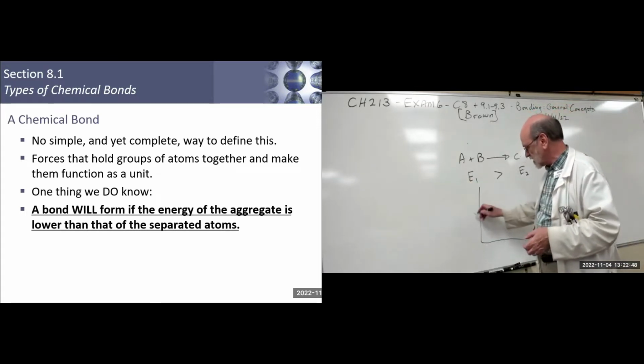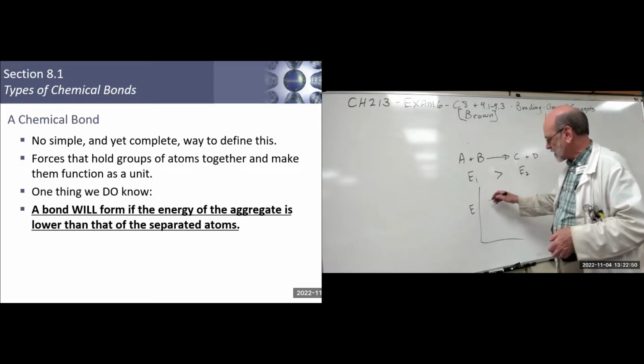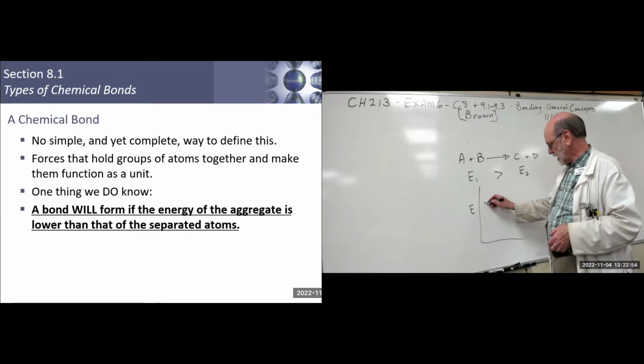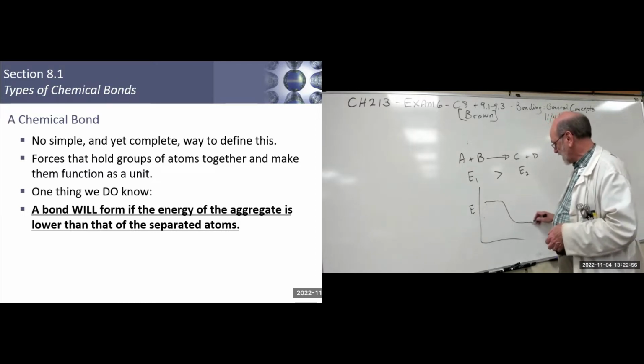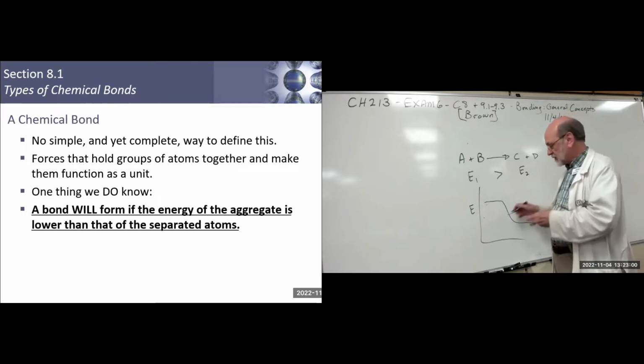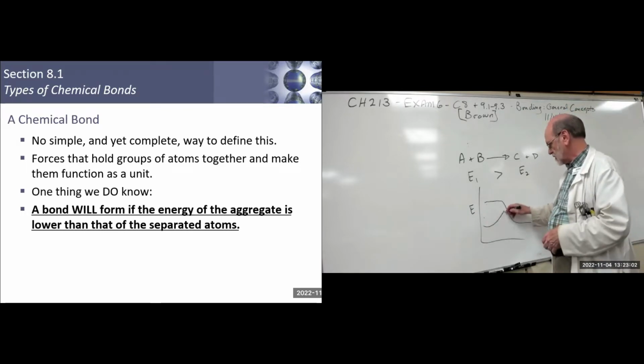Say if we draw energy here, and the reactants are up here. Say they go at this level, and then they drop down to that level for the products, then it holds. But sometimes reactions go like this.